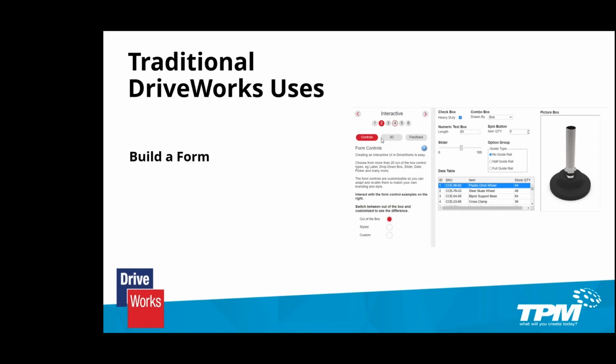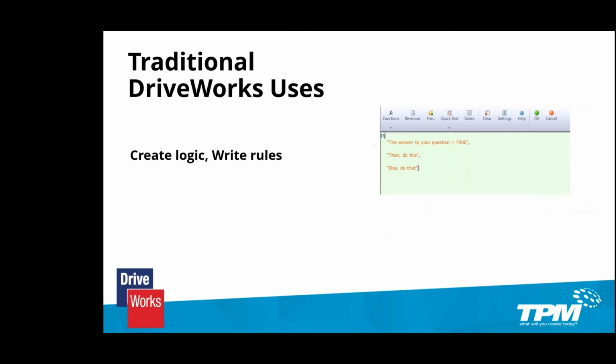That whole process can be controlled by a form. The form is custom built. We'll see more about that in a few minutes. But that's how you design guide your design process. That is all underpinned by the ubiquitous rule builder in DriveWorks, which is where all meaningful logic is created and implemented.